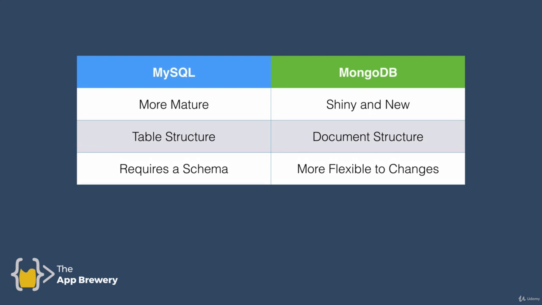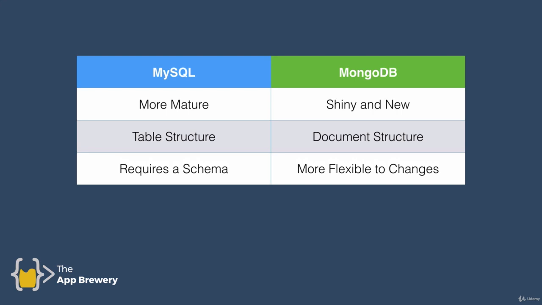And this, in database lingo, is called a schema. So these are the names of your columns and the names of your tables and how many columns you might need. And SQL databases work really well if you have a fixed schema. So if you already know ahead of time what your customer database will look like, what your orders database will look like, and you know that they're not likely to change.